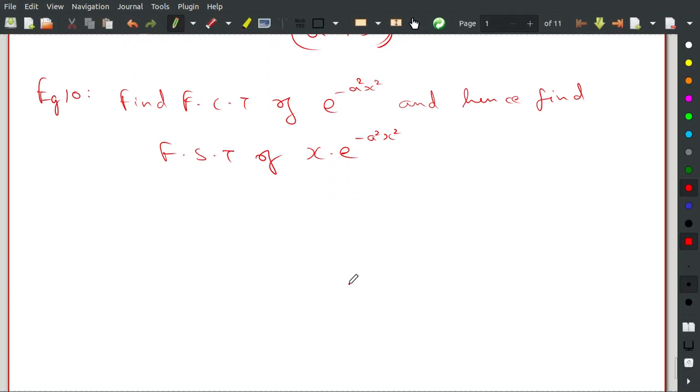So first we have to find the Fourier cosine transform of this one. We know that the Fourier cosine transform equals root 2 by pi, integral 0 to infinity, f of x cos sx dx, and our f of x is this one.